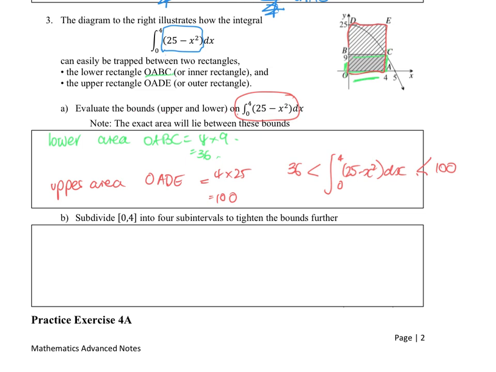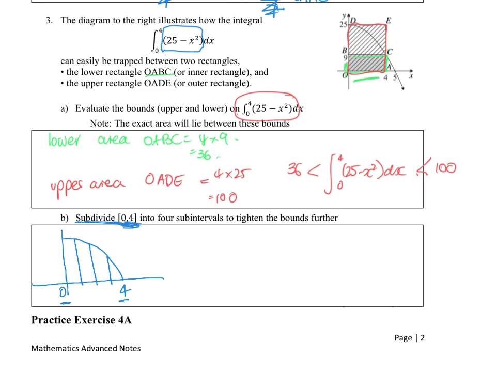All right. Okay, so let's have a look at what they mean by this one. They're saying, use that same question. Here's your parabola between 0 and 4. It says subdivide that between here and here into 4 subintervals. 1, 2, 3, 4.